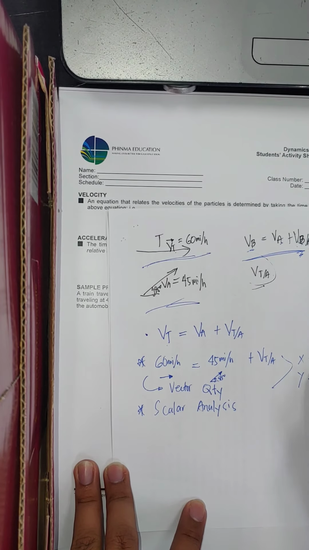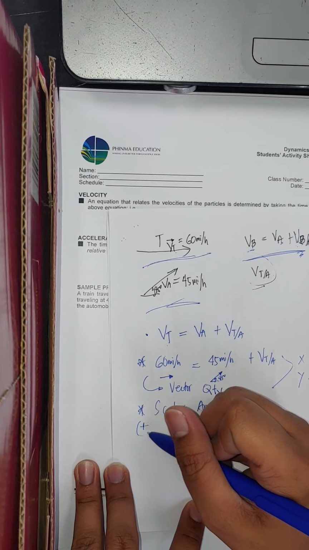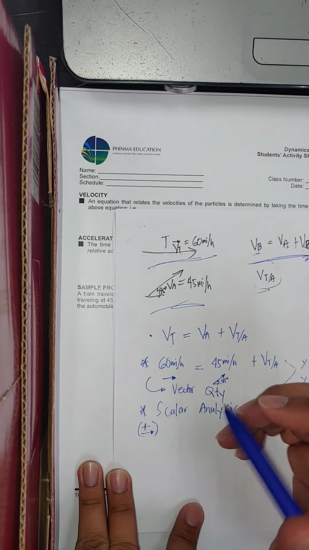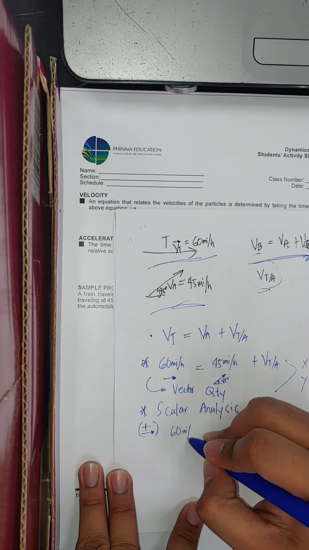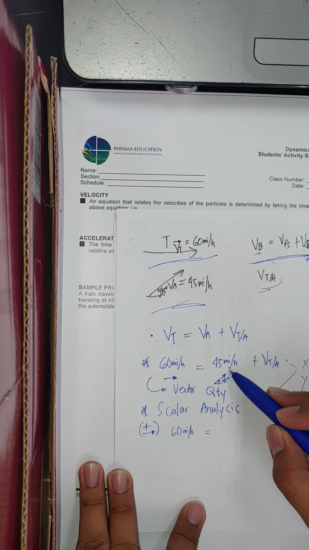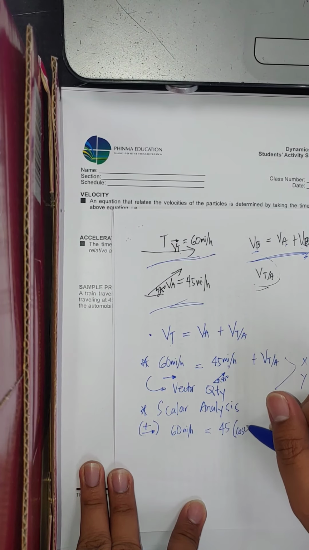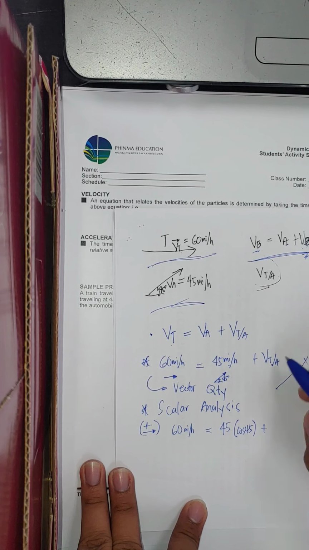Along x, let's say positive is to the right as our general rule. Along x, we have 60 miles per hour equals 45 miles per hour times cosine of 45 degrees plus the x component of the velocity of the train with respect to A.